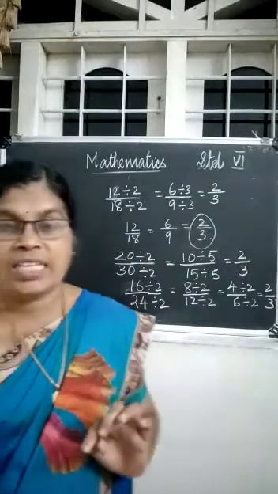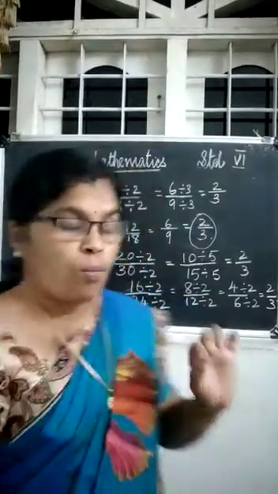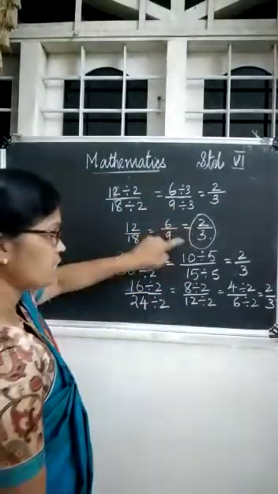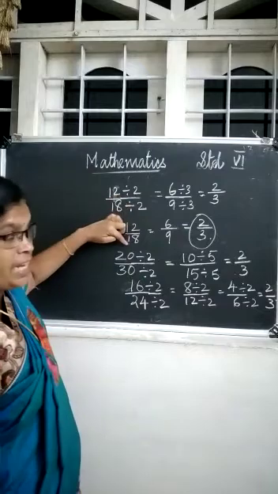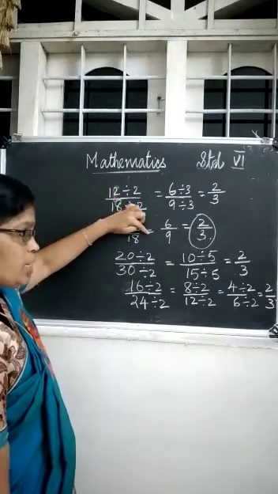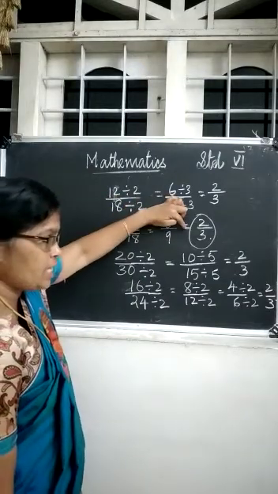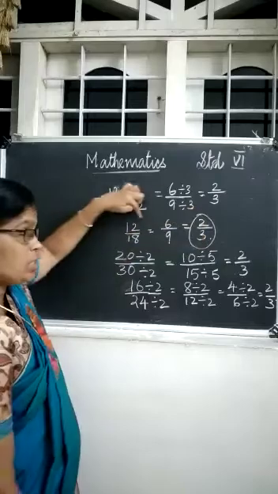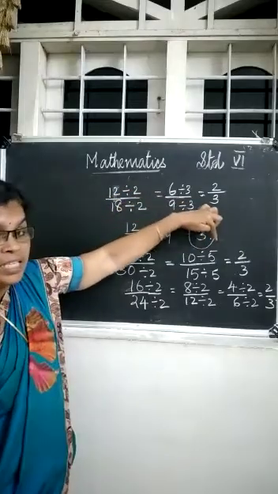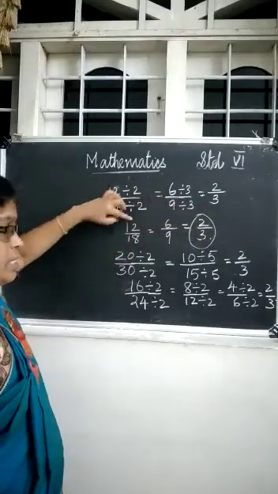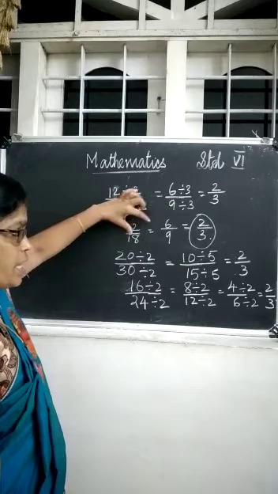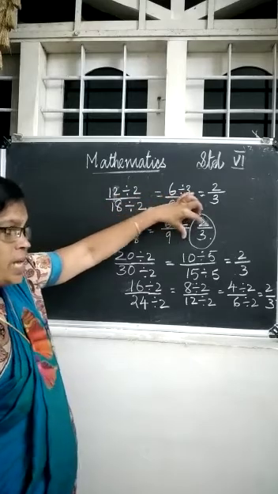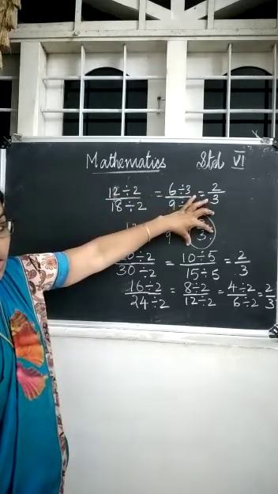We can say that 2 by 3 is the simplest form of 12 by 18. 12 by 18 is equal to 6 by 9. Again that is equal to 2 by 3. Same value only. Here there are common factors. We cancelled and at last we reached 2 by 3.